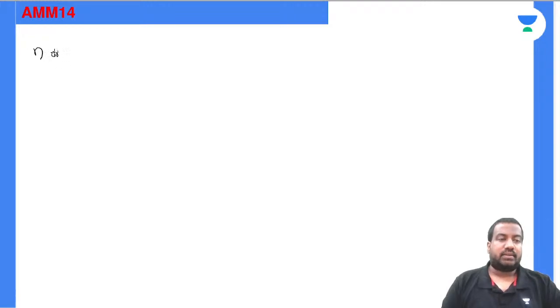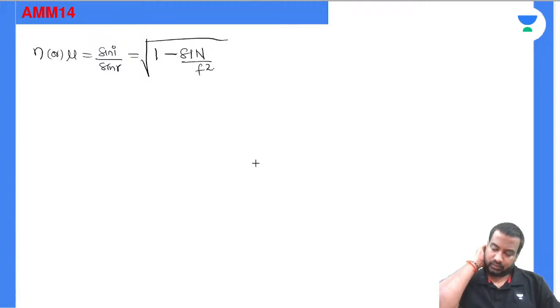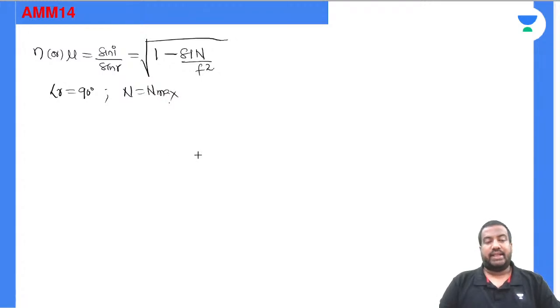Refractive index mu is sin I by sin R, which is the square root of 1 minus 81 N by f square. At the point of reflection, angle of refraction is 90 degrees, and N is N max.